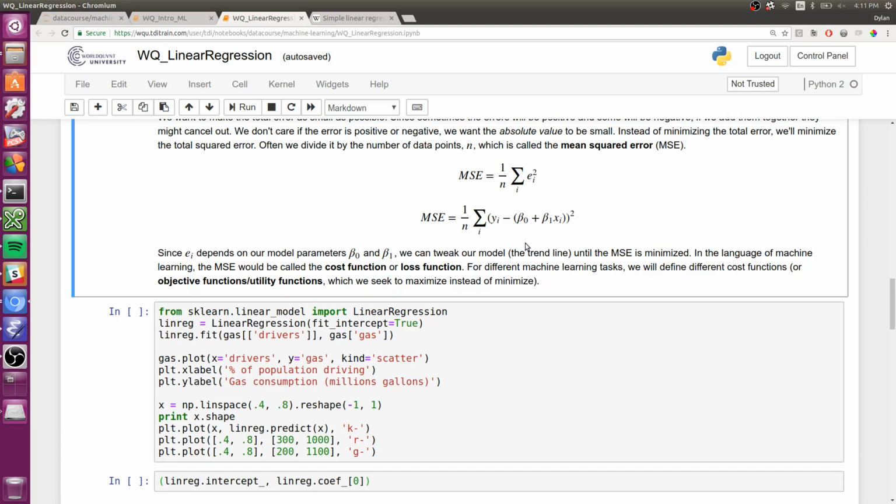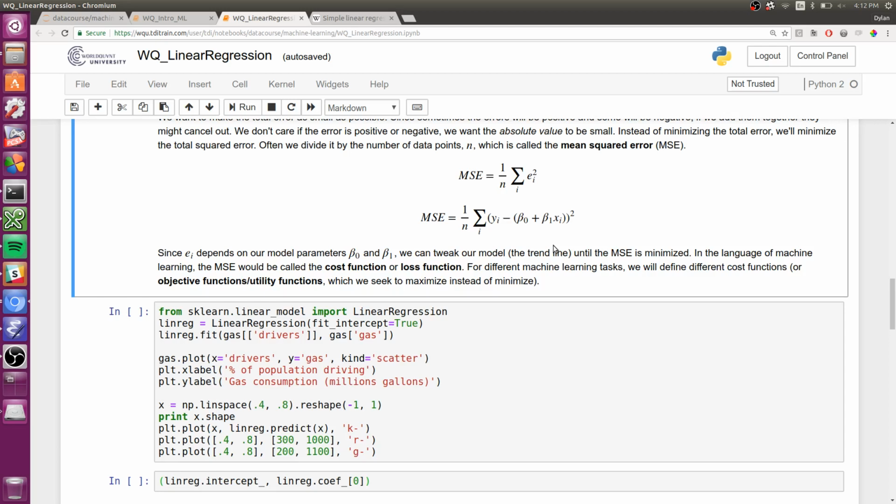We will usually need to do some kind of iterative process where we update beta naught and beta 1, or our model parameters, in order to recalculate the mean squared error and essentially guide ourselves to a minimum by following the direction in which mean squared error is decreasing. This method is called gradient descent, and we'll discuss that later on in the course.